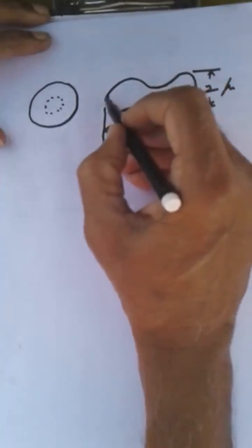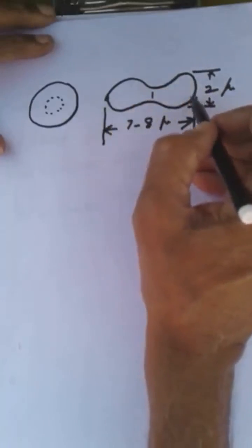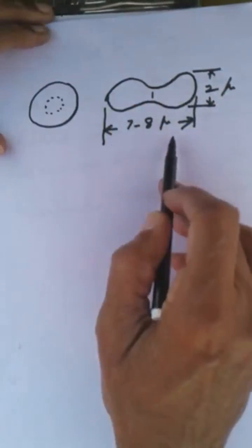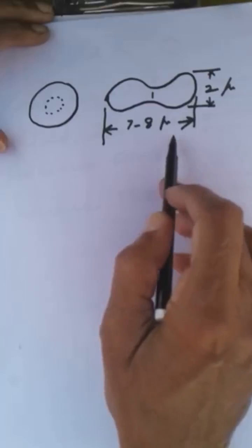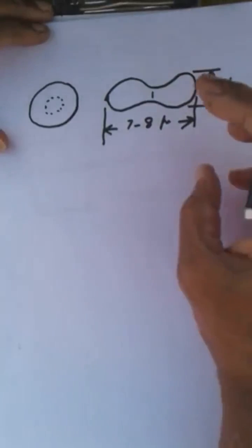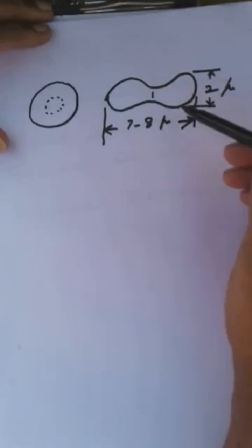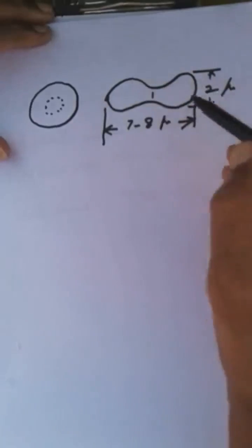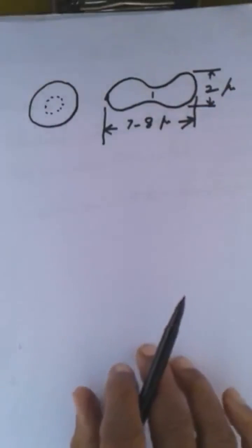The thickness is lesser than at this edge. So 7 to 8 micron diameter, 2 micron width in the periphery, and 1 micron at the center. This is the approximate size of one RBC, red blood cell, or red blood corpuscle. Both are the same.